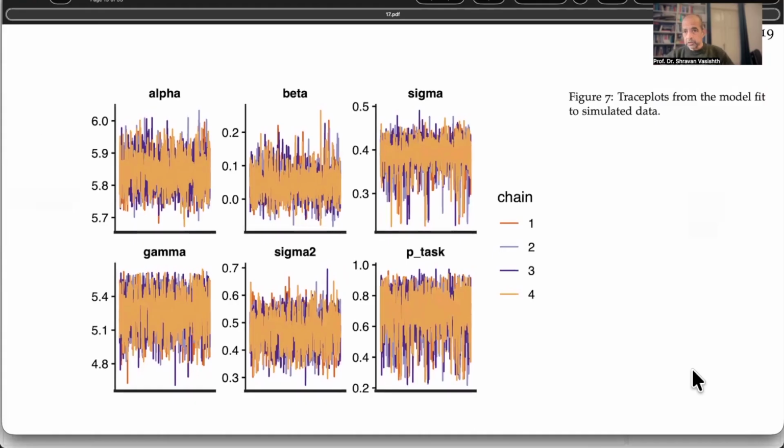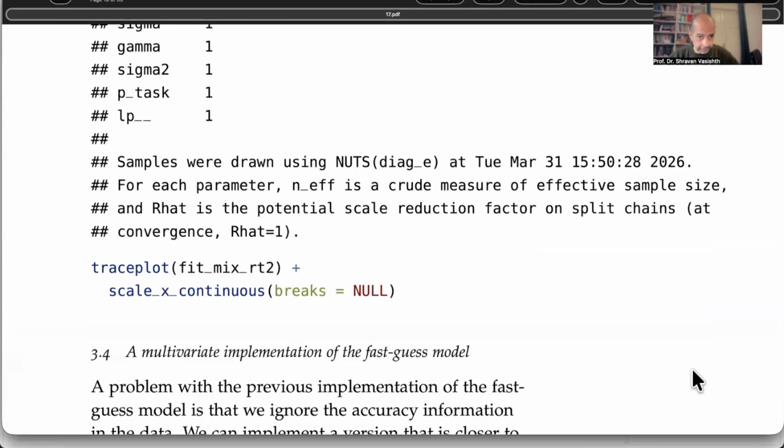Okay. So that's a simple mixture process with no hierarchical structure, but it illustrates the key things that we want to take away from this part of the lecture: the log sum exp function and the log1m function, right, that we had here.